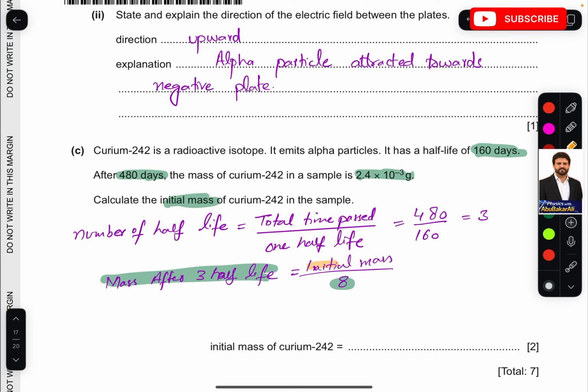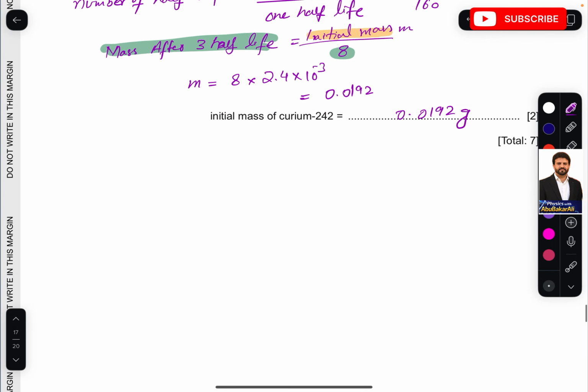We have to find this initial mass, so let's call it M. M is equal to 8 multiplied by the mass after three half-lives, which is 8 times 2.4 times 10 to the power minus 3. This will give you 0.0192, and don't forget to write down the units, it's grams.